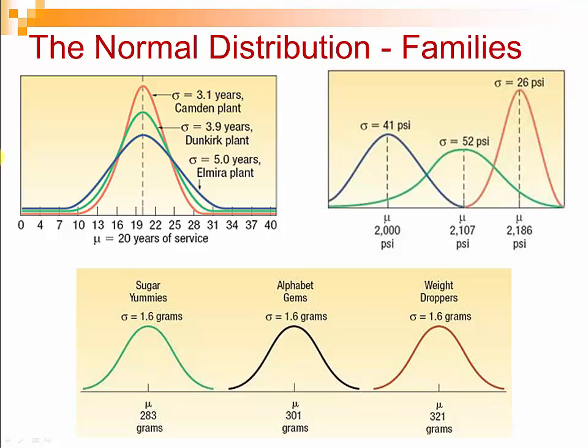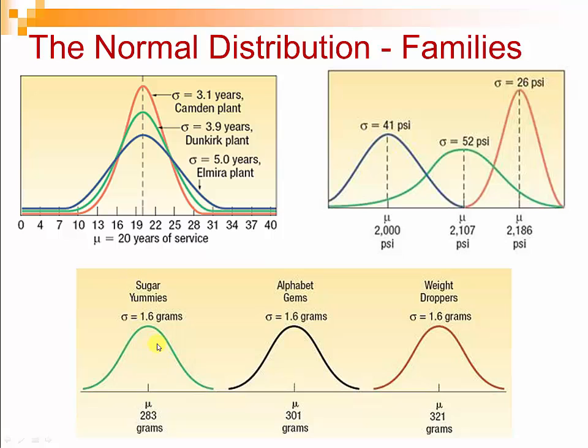And let's take a look at some different normal probability distributions. There's a family of distributions here, and what we see in the top left is equal means, unequal standard deviations. Our standard deviation at the highest peak is 3.1 years, and at 5 years it's our widest, and that's our blue line, and you can see how that affects the normal distribution.